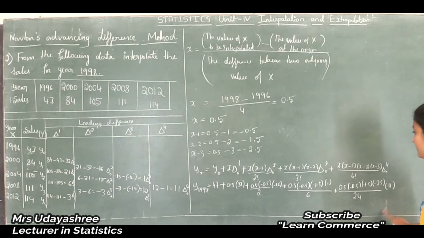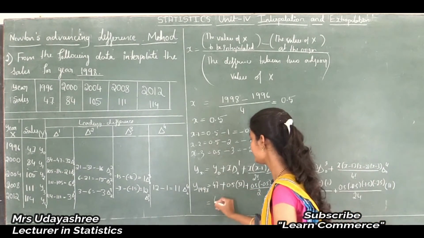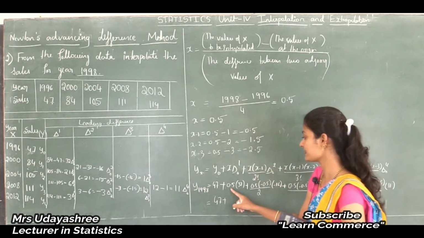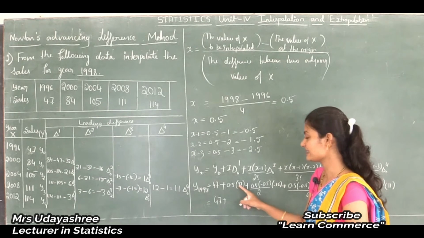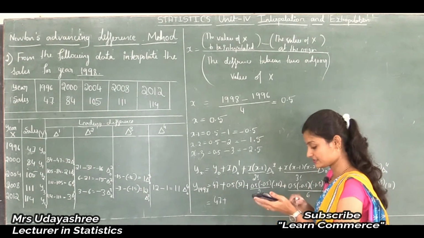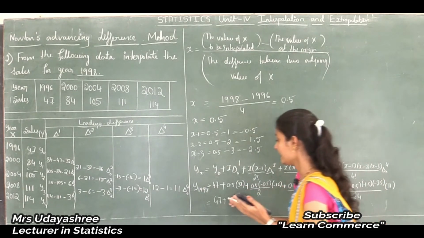So now this is equal to 47. In the first term, plus into plus, so plus, and 0.5 into 37 is 18.5.